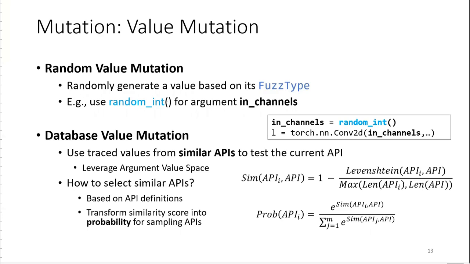We then transform the similarity score into a probability for sampling APIs by applying the softmax function, so that the more similar APIs will have a higher chance to be sampled. After randomly sampling one API according to the probability, FreeFuzz will then randomly sample one recorded value of that argument from that sampled API.